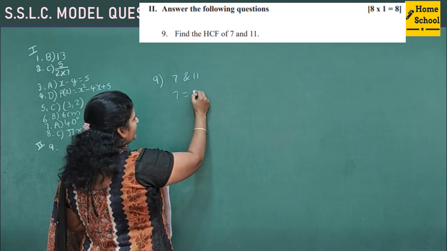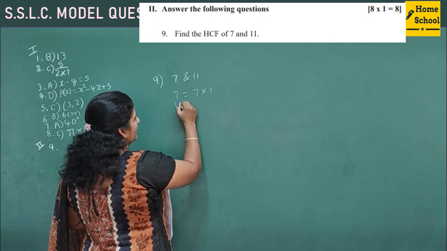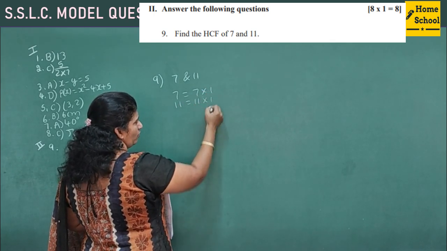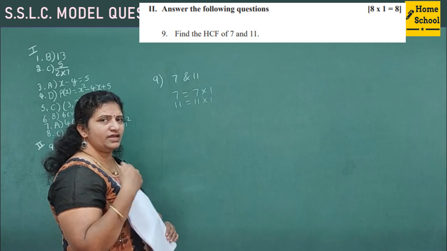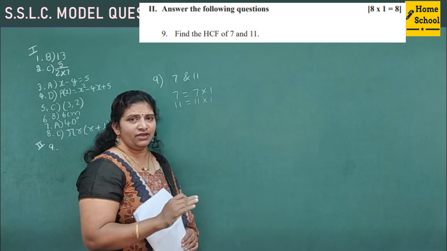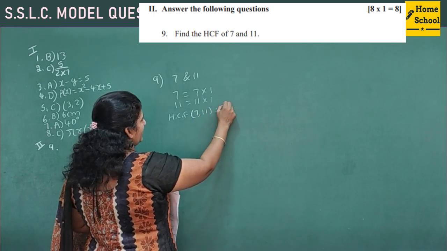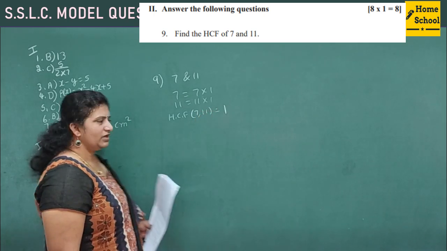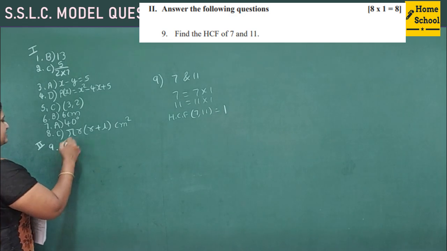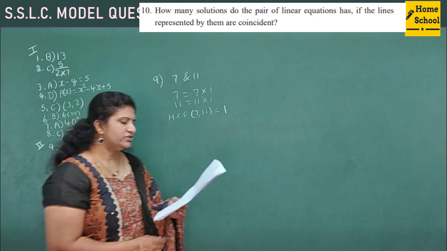7 you can write it as 7 into 1 and 11 you can write it as 11 into 1. Other than 1, there is no common factor. Therefore, HCF of 7 and 11 is 1. Okay. Answer is 1. 10th one.